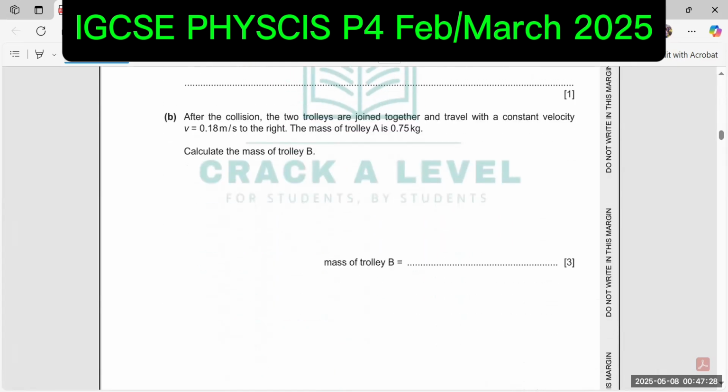After the collision, the two trolleys are joined and travel with a constant velocity v to the right. The mass of trolley A is 0.75 kg. Calculate the mass of B. We use the law of conservation of momentum. What is the law, or principle, of conservation of momentum? Total momentum before collision is equal to total momentum after collision. What is the total momentum before collision?